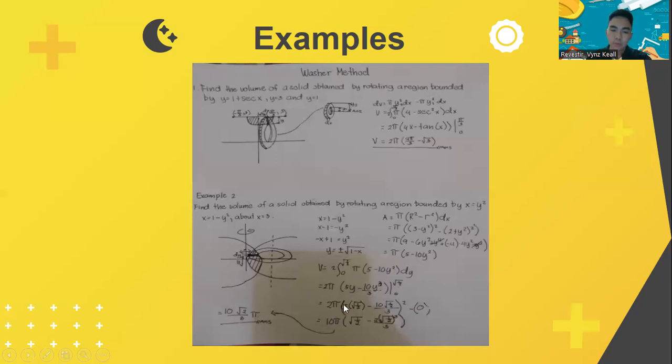Substituting the limits, 2 pi times 5 times square root of 1/2 minus 10 times square root of 1/2 cubed over 3 minus 0. Solving, the final answer is 10 square root of 2 over 3 pi. And this is the washer method.